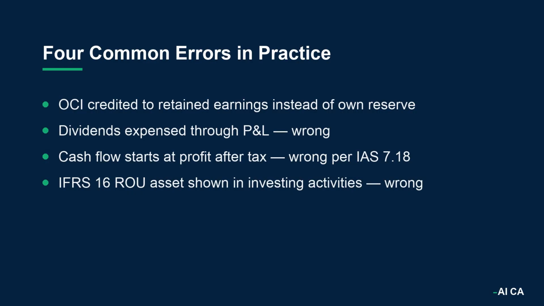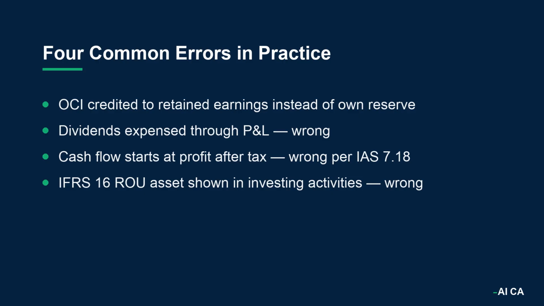There are several common errors worth flagging explicitly. First, double counting OCI in retained earnings. Remember, OCI goes to its own reserve. Second, including dividends as an expense in the income statement. Dividends are an appropriation of profit, not a component of it per IAS 1. Third, reconciling the wrong profit figure in the cash flow.